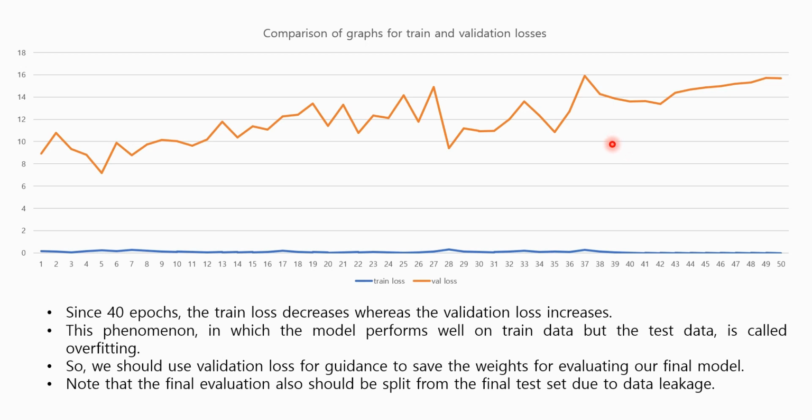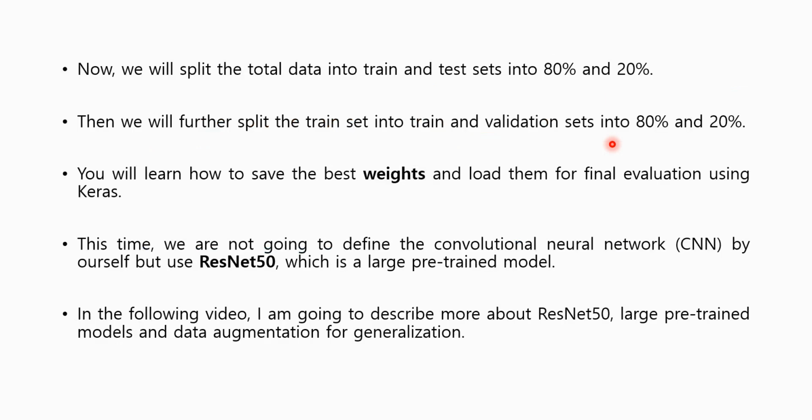So we need to split the total data into a train set, validation set, and test set. That is, we train the model by minimizing the loss computed on the validation data and use the saved weights, the best weights, to evaluate the model performance on the test data.